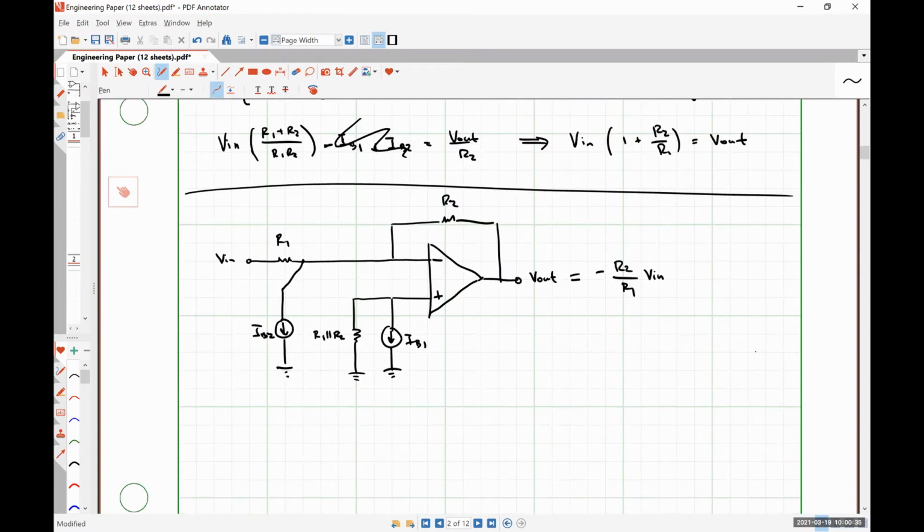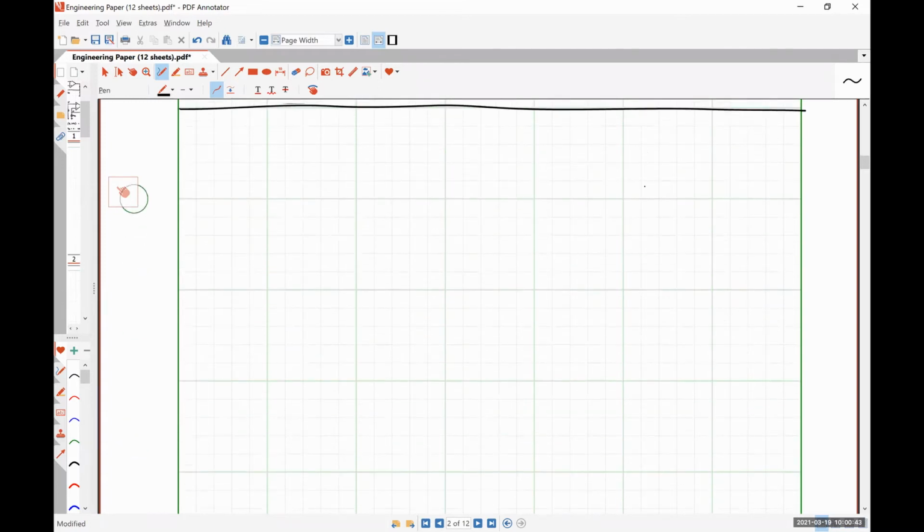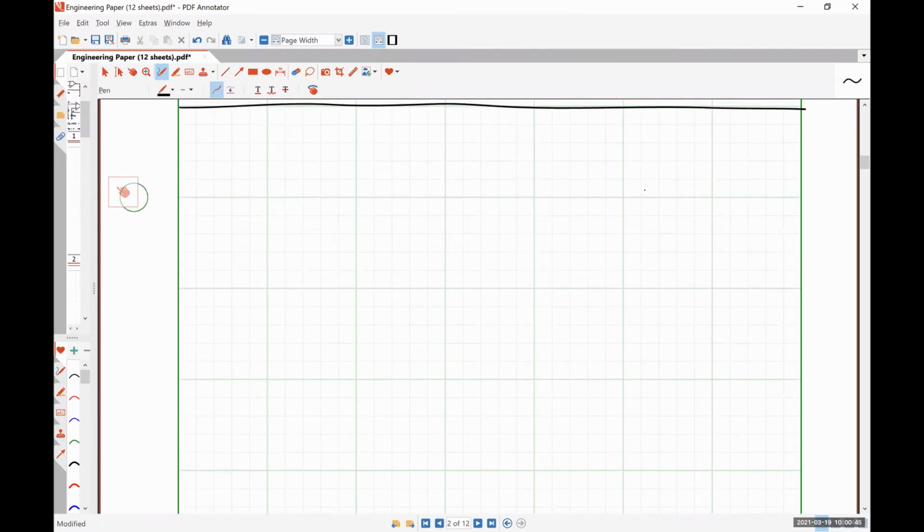So let's take a moment to look at an integrator then. For our generic integrator, negative, positive, V out.